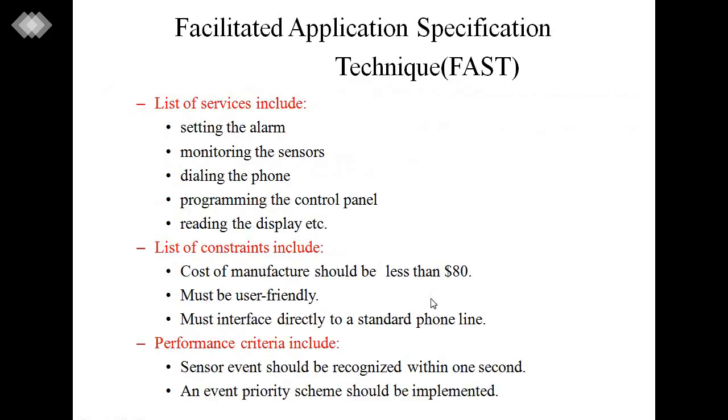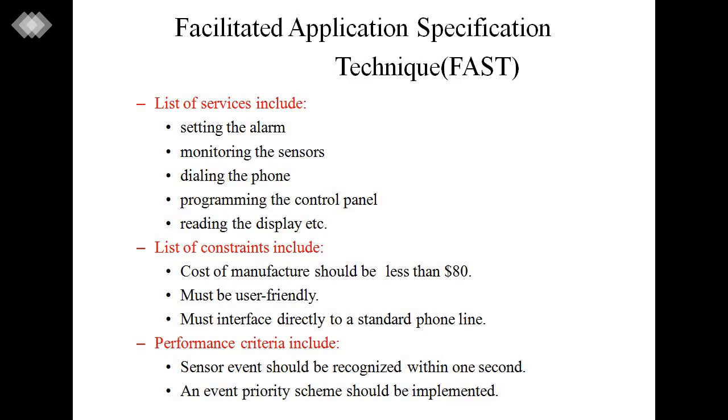So here is a list of services which include setting the alarm, monitoring the sensors, dialing the phone, programming the control panel, and reading the display. The list of constraints includes: must be user friendly, must interface directly to a standard phone line, and cost of manufacturing should be less than $80.